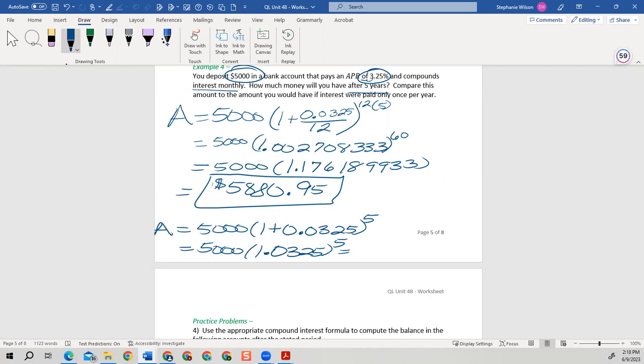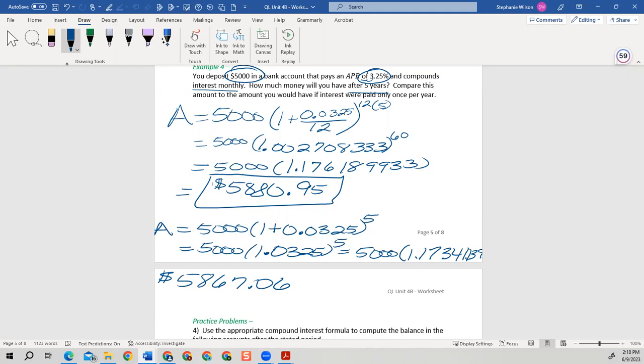Okay, so now we have 5,000 times 1.173411396. So it gives me $5,867.06 if it compounded once a year instead of monthly.